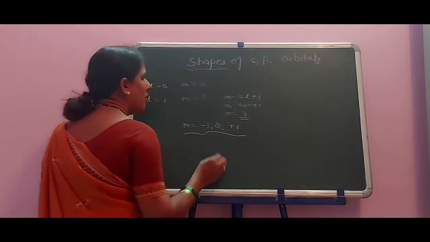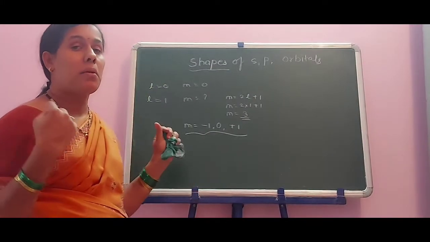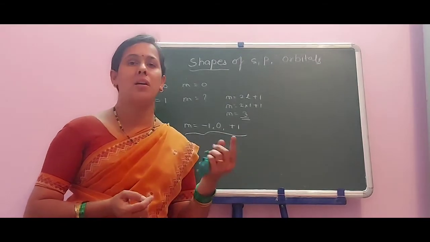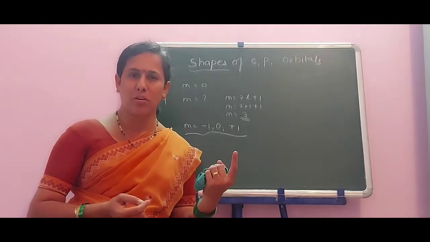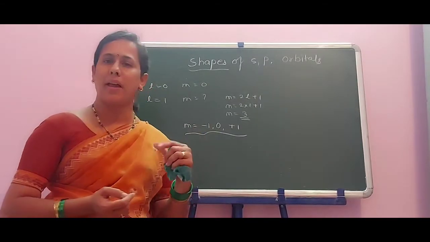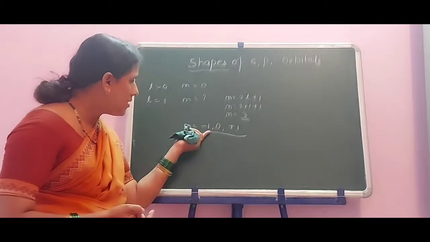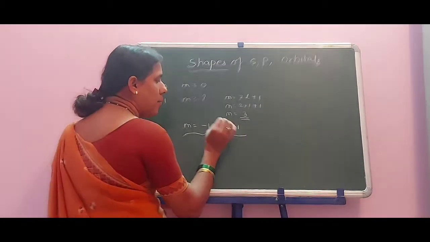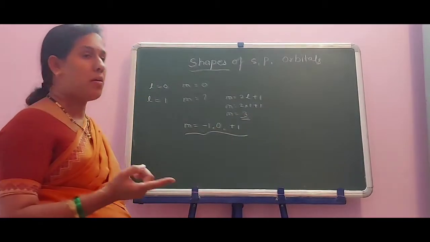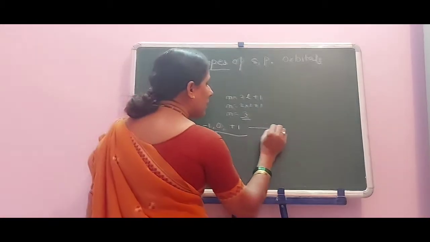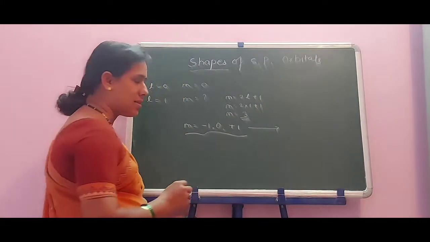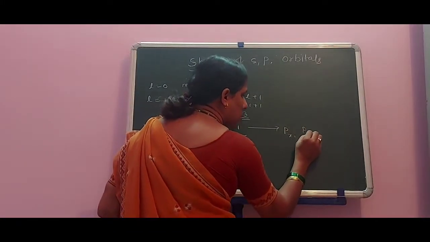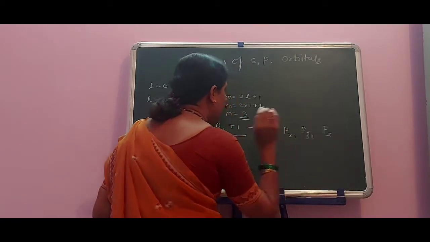These are the values according to our previously learned quantum numbers: the principal quantum number, azimuthal quantum number, magnetic quantum number and spin quantum number. These 3 values of m denote the p orbitals along the 3 coordinate axes. First is px, second is py, third is pz.